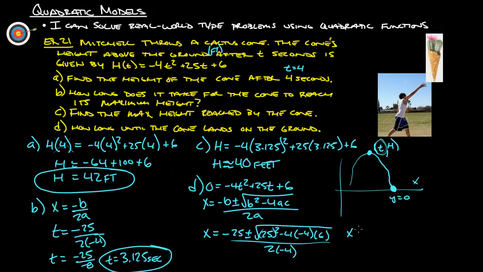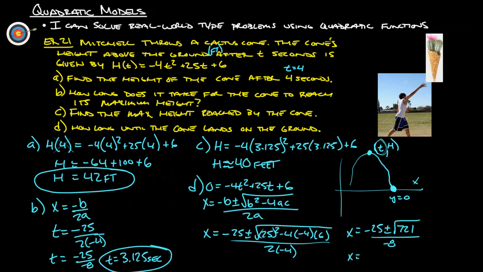So we have x equals negative 25 plus or minus the square root of 721 all over 2 times negative 4, which is negative 8.